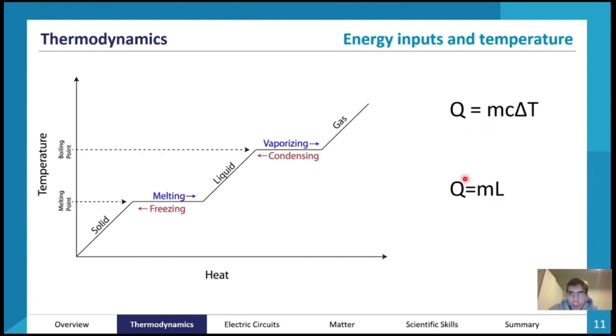The two equations that you see here, both of them have to do with the fact that, well, when we're boiling water, let's say we have a solid cube of ice, we melt it into liquid water and then we boil it into gas. Well, obviously we are inputting energy at each stage.